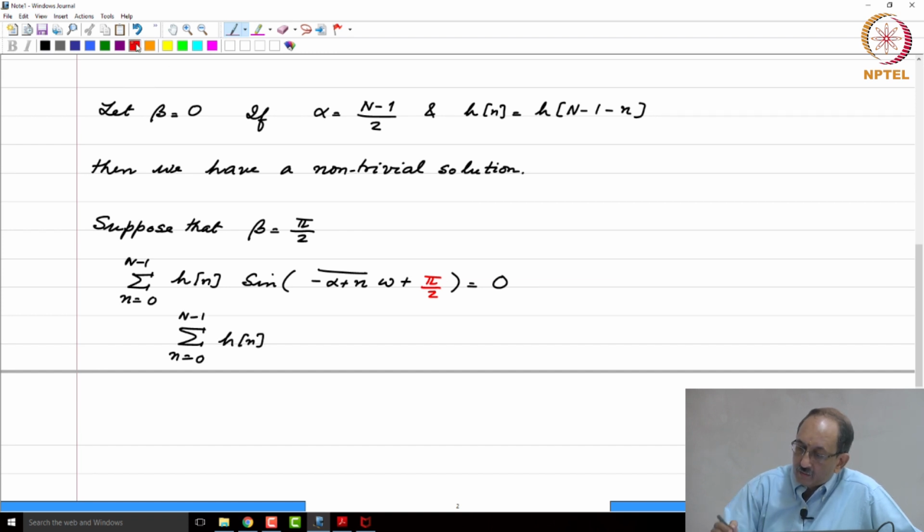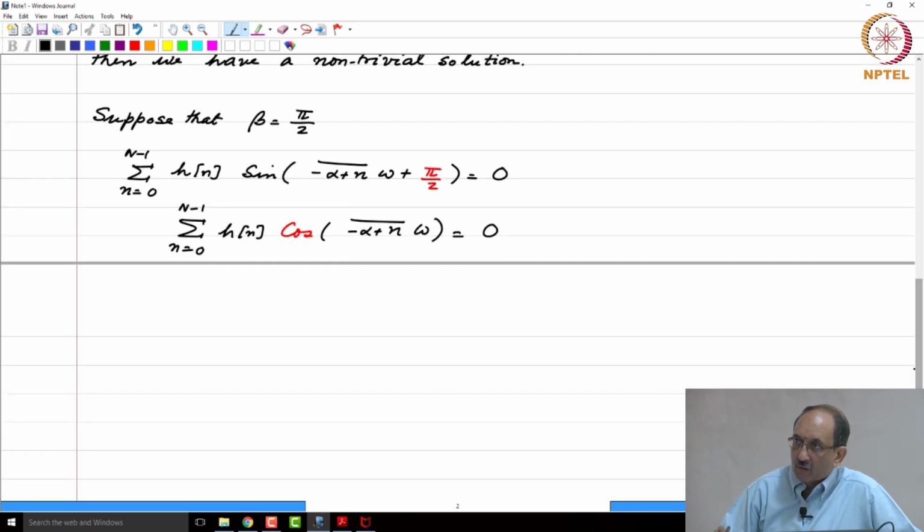So, sin theta plus pi by 2 is cos. Therefore, this now becomes cos of minus alpha plus n times omega equal to 0. So, this is the equation for which we need to find the non-trivial solution.